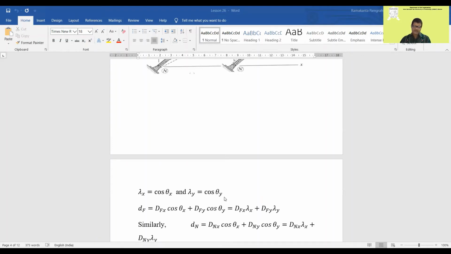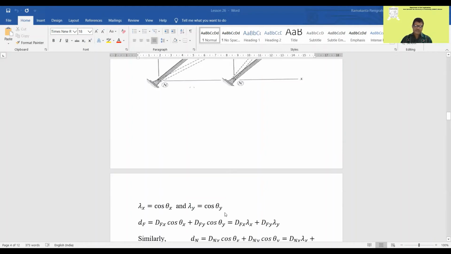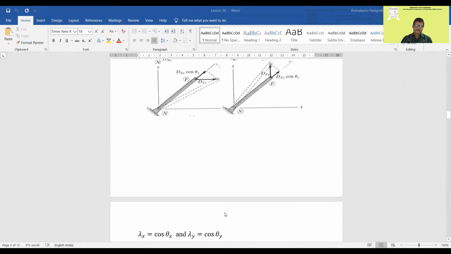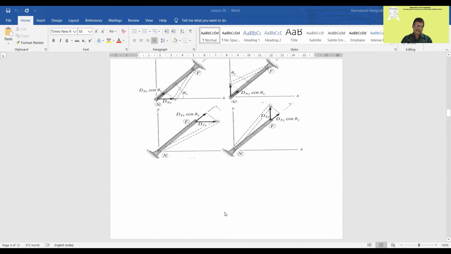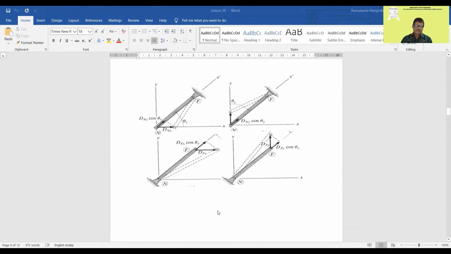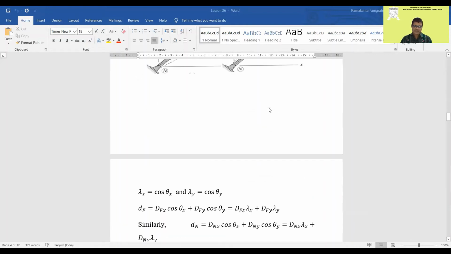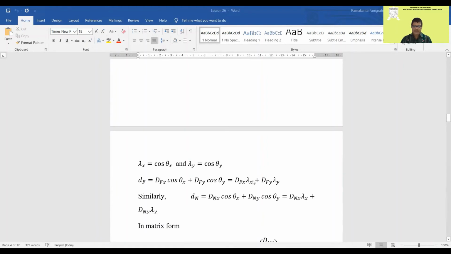Now what is df? df is equal to dfx cos theta x plus dfy cos theta y. Now see, df, the displacement. So the displacement in the global and local. dfx cos theta x and dfy cos theta y. So dfx lambda x, dfy lambda y.